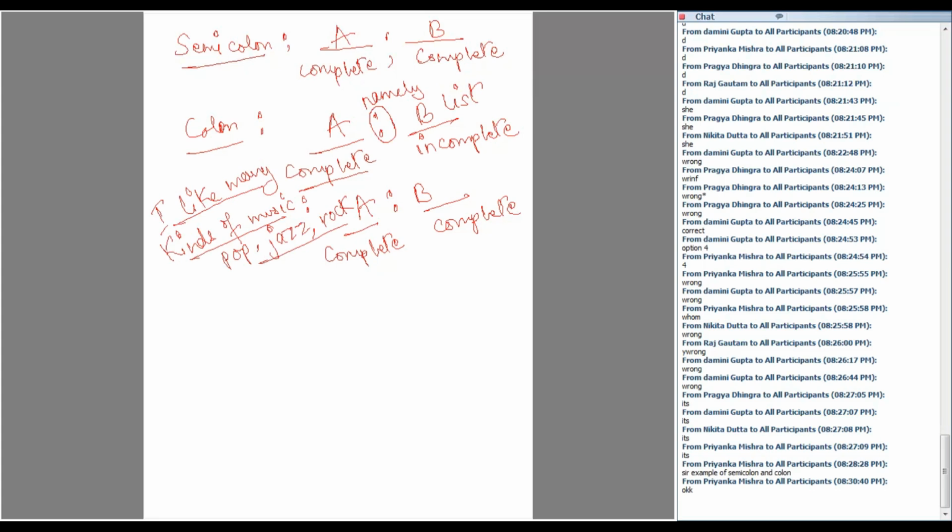That is what they say. But the problem is that I can also use colon when both the two sentences are complete. So it becomes very dicey. This means that when the sentence is complete, I have an option. I can use both colon and semicolon.